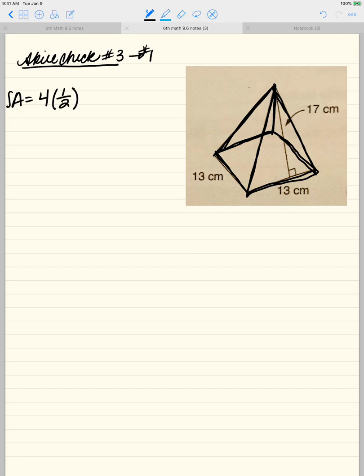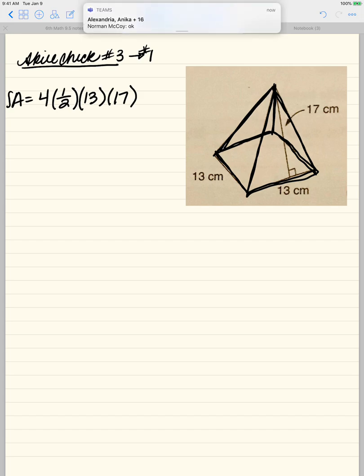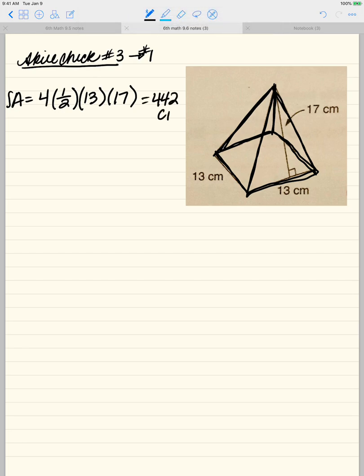So the surface area of our 4 triangular faces is going to be 4 times the area of the triangle. So 4 times 1/2 times base times height. Our base is 13, and our height is 17. 4 times 1/2 is 2, so then we just do 2 times 13 times 17, and that gives us 442 centimeters squared. And then we have our surface area of our square down at the bottom.